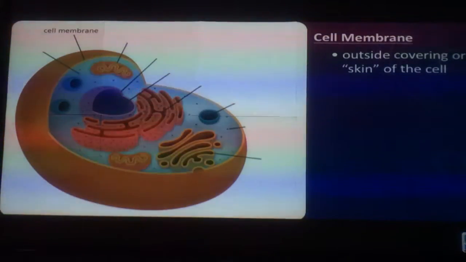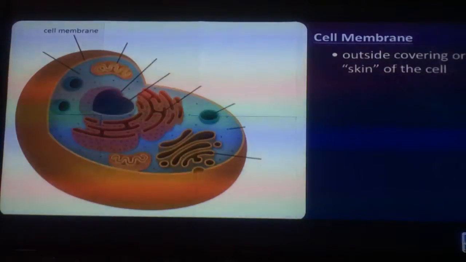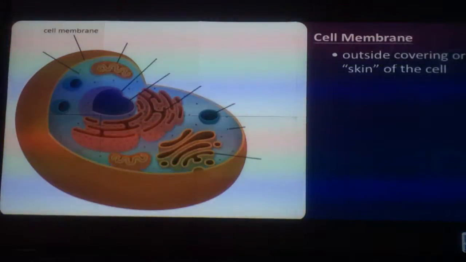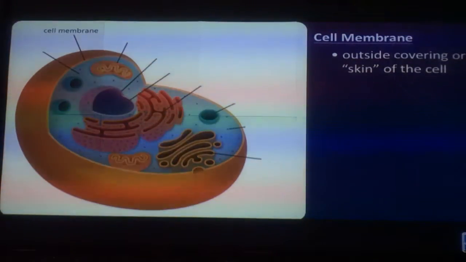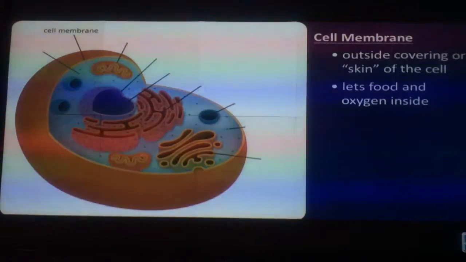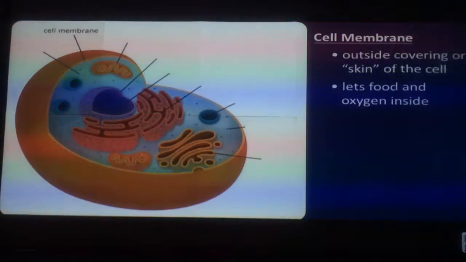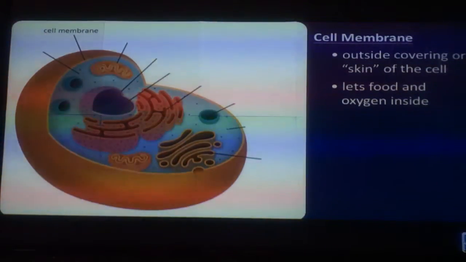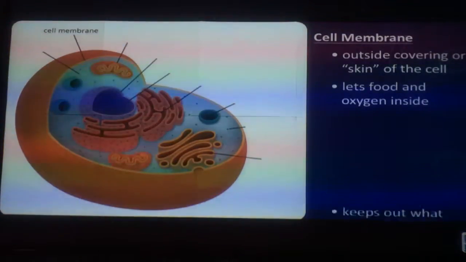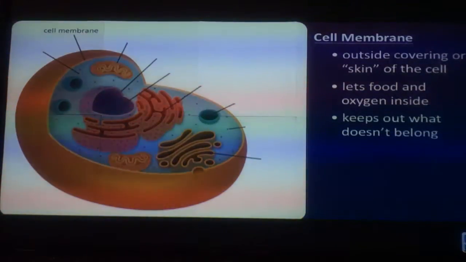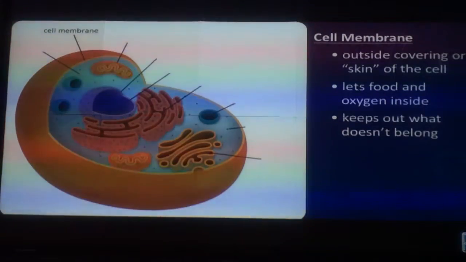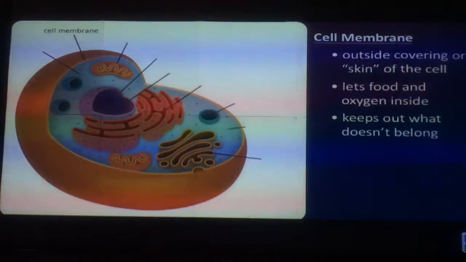Just like the skin on your body protects the inside of your body, this is what the cell membrane does for the cell. It lets food and oxygen inside the cell so your body can grow and get energy. But it also keeps out things that do not belong in the cell. It acts as a barrier.